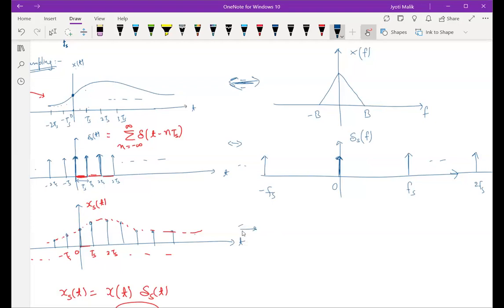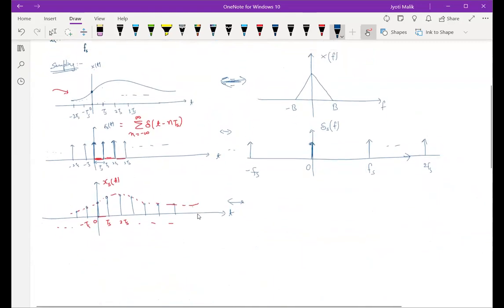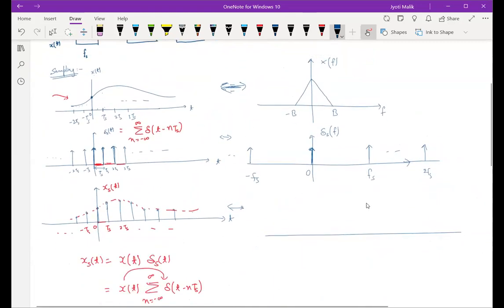Then the frequency domain of the sampled signal, or the spectrum of the sampled signal, how to find it? I told you, in this case you had to draw the original signal spectrum first: -b, 0, b. Then you had to shift the spectrum by Fs on the right side and on the left side. If you shift this point, it will go to Fs minus b, this point will go to Fs, and this one is b plus Fs.